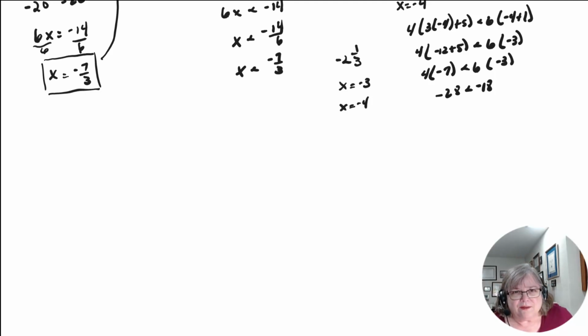Now, what are the other things that you might have to think about with an inequality? Well, let's talk about how to say it. If you have something like 3 is less than 5, you know that because you know 3 is a smaller number than 5. But what if it was just an x? How do we know to say less than or greater than?